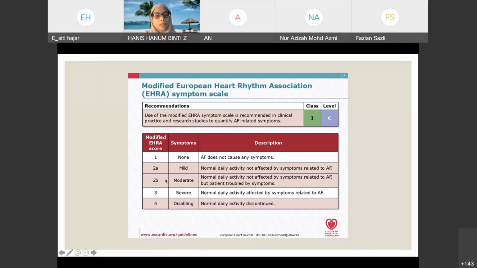Not many of them are in category 2B and above, which is good lah. Okay, but bear in mind, even if they don't have symptoms, if their heart rate is high and they have irregular rhythm, they need to be properly checked and managed, because we don't want them to get the complication first baru masuk hospital.